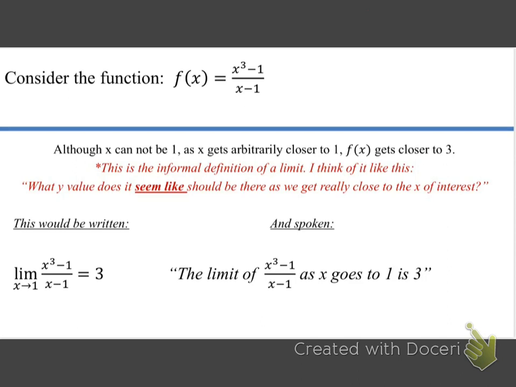So the limit as x approaches 1 of this rational function seems to be 3. And in fact, we say that the limit of this function as x goes to 1 is 3, because from both sides of the table and the graph, it looks like it is pointing to the y value of 3.